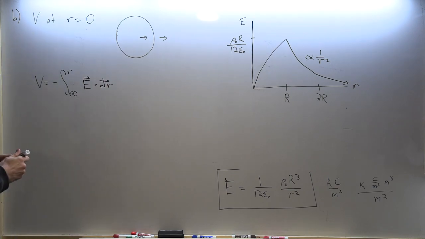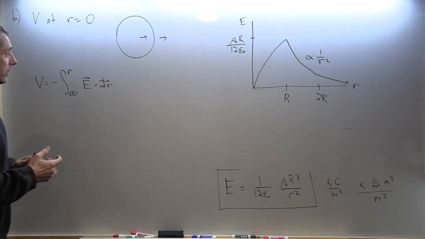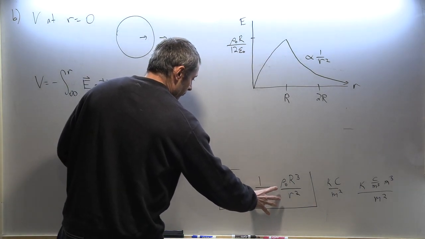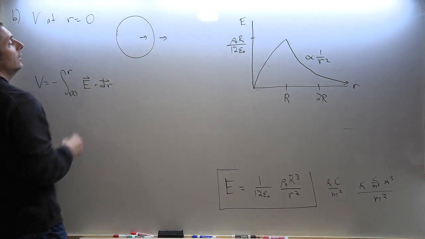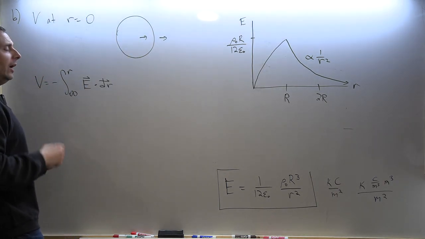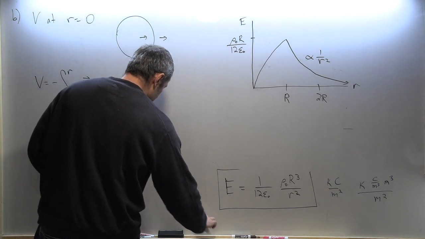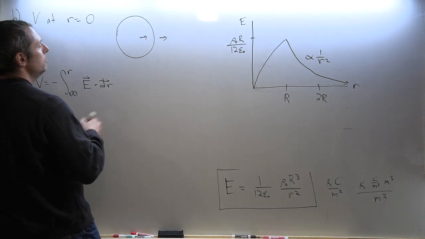So there's the general expression, the concept of what voltage is. You have to realize we have one formula for the electric field out here. We have another formula that I erased for the electric field inside. Then what we have to do is split this integral into two parts.